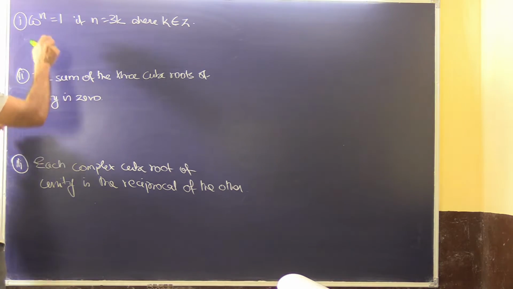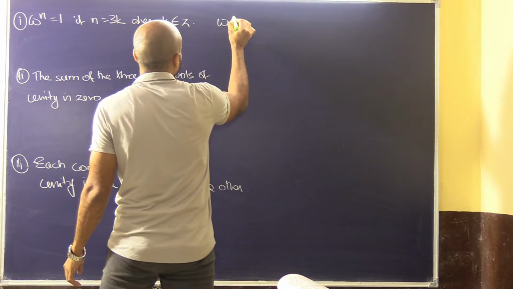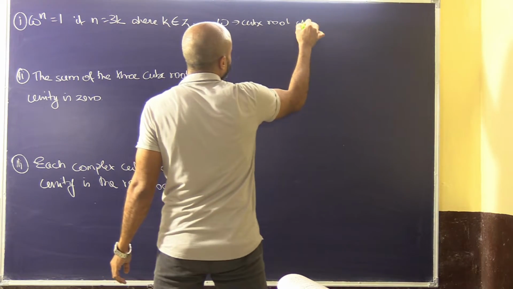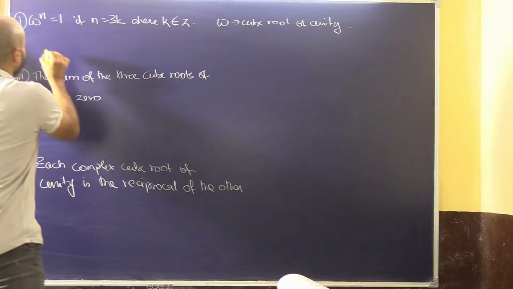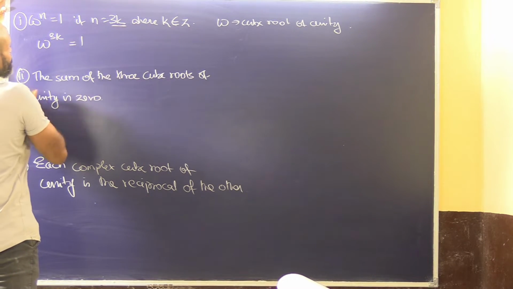So let's look at this. See, omega here means omega is basically a cube root of unity. So obviously here it will mean omega to the power of n, if I put 3k here, this is equal to 1.